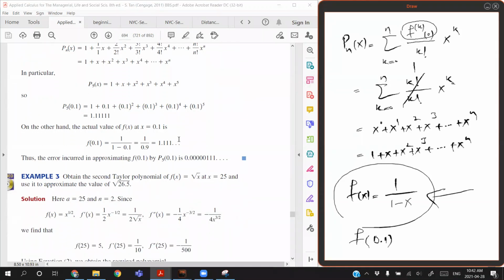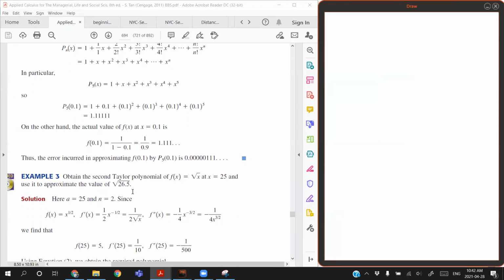Now let's take a look at one applied example of that. Imagine you want to calculate root 26.5 using a polynomial. This is our goal.